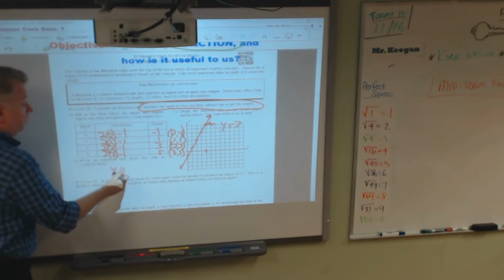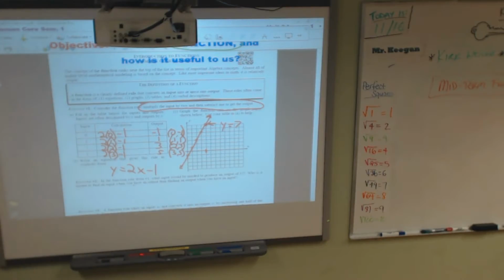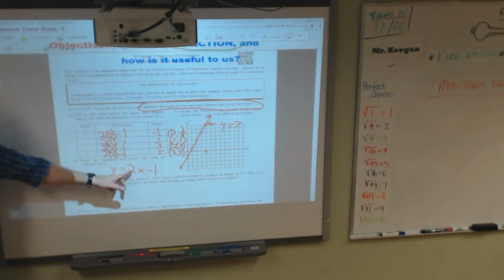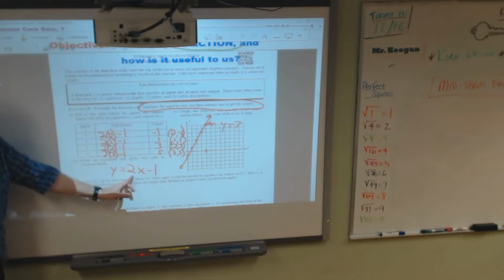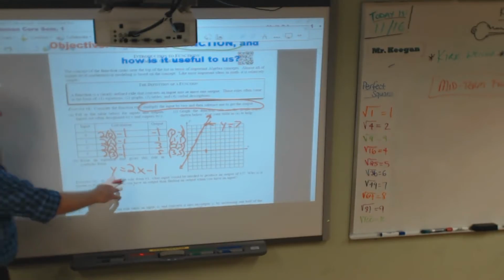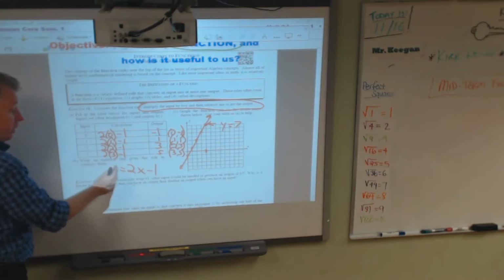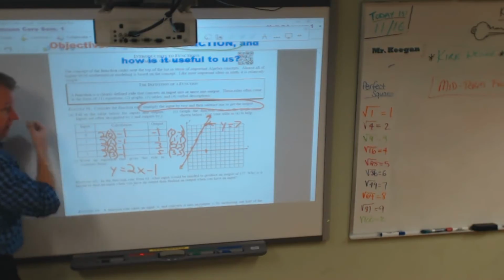How do I write it? 2x minus 1. 2x minus 1 is correct. Thank you, Elijah. So the output, you take the input, you multiply it by 2 and subtract 1. Now, once we have that equation, we can do all sorts of things with it. If I give you an x you can figure out what the y would be, or I could give you a y and you could figure out what the x would be.